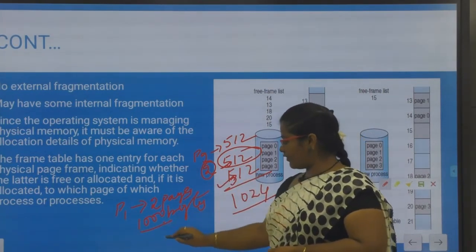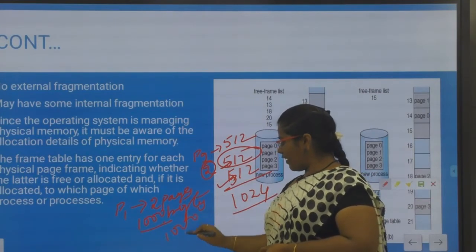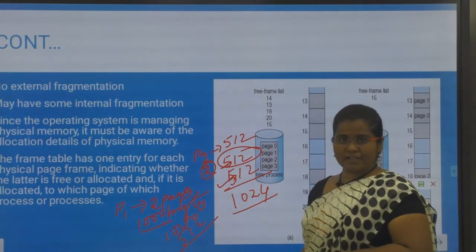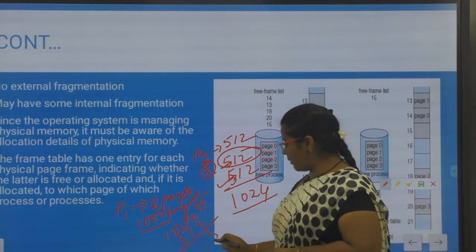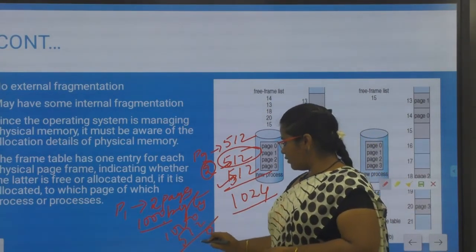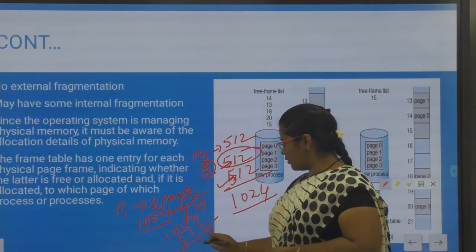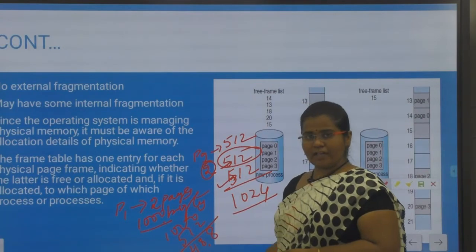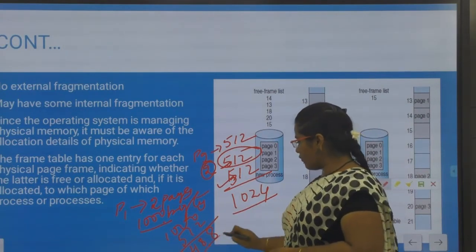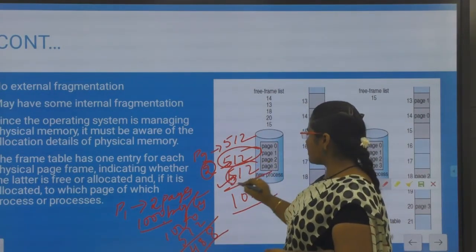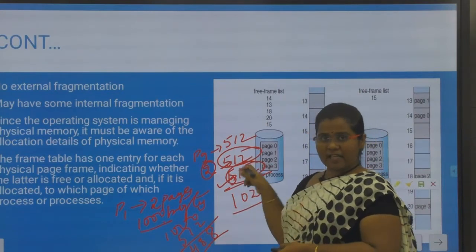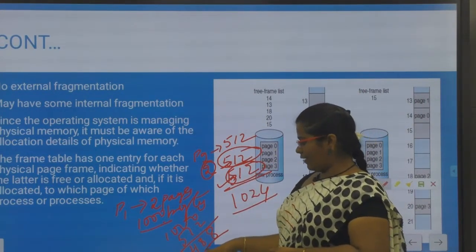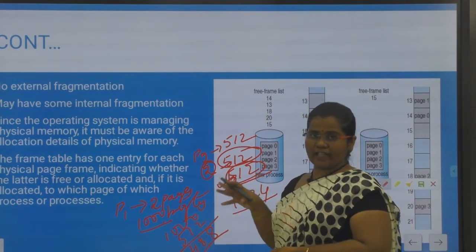But if out of 1000 I already store 512 bytes, what will be my remaining bytes? I will have only 488 bytes. These 488 bytes will be stored as the second page, but your page size is already fixed at 512 bytes, and I have only 488 bytes of data.